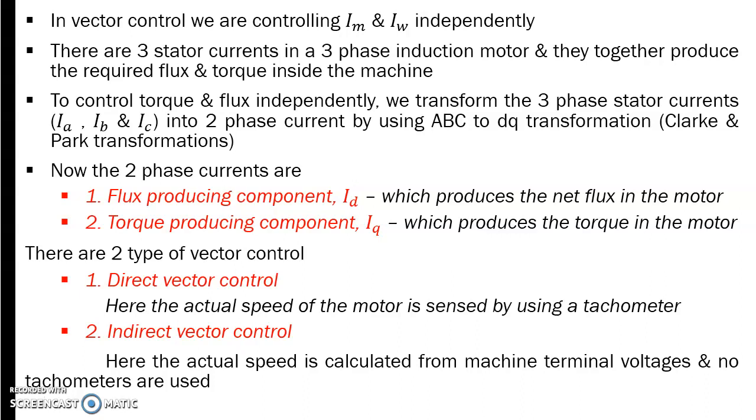ABC is the three-phase quantity. You know that it is a rotating frame. ABC is rotating in a three-phase system, like it is varying. You can see that in this figure.